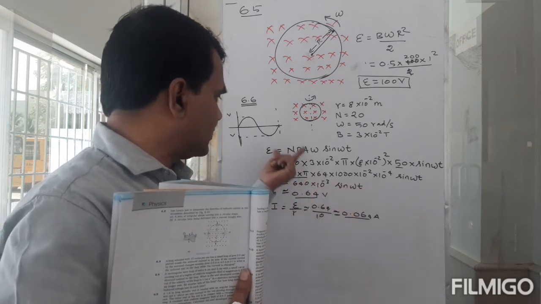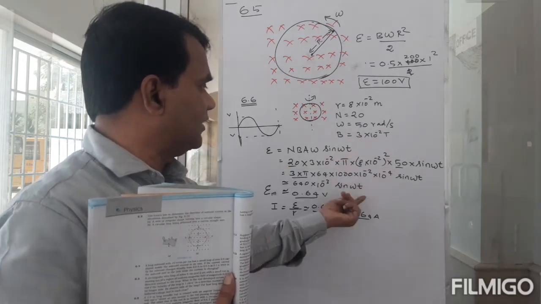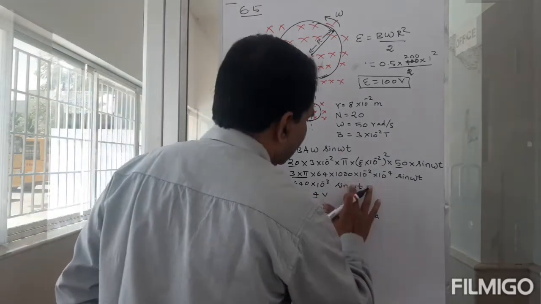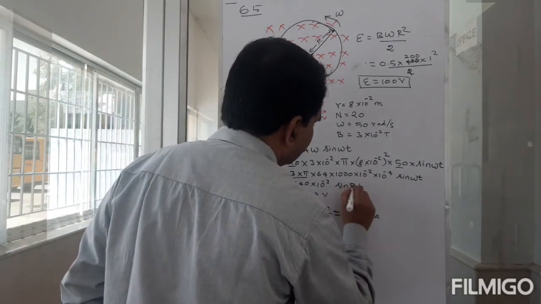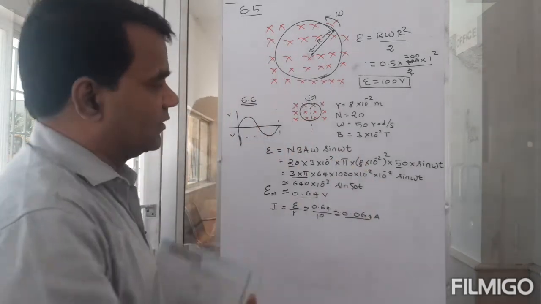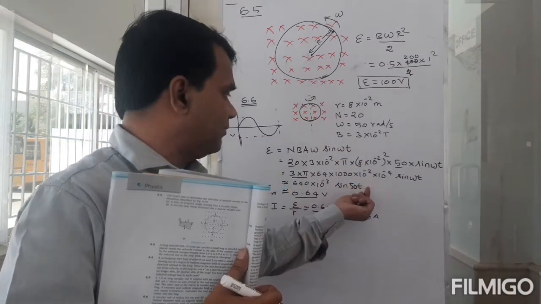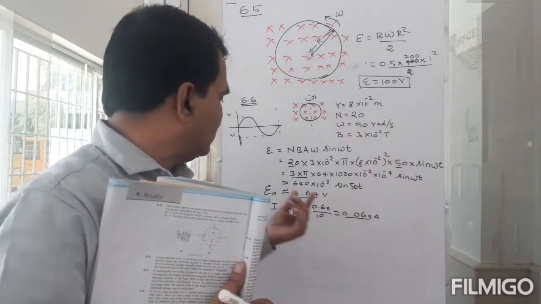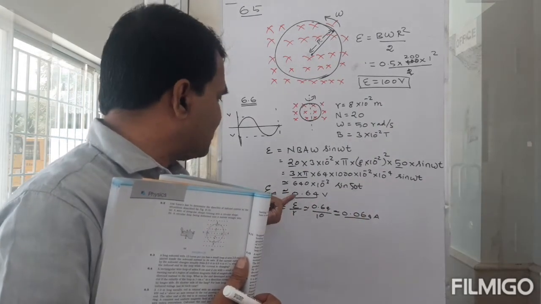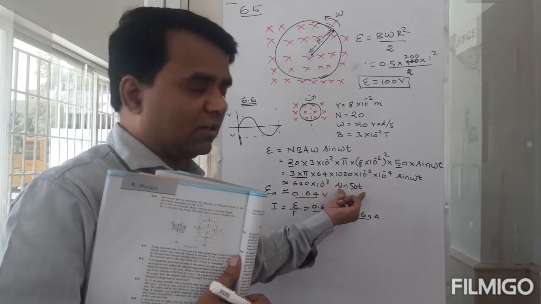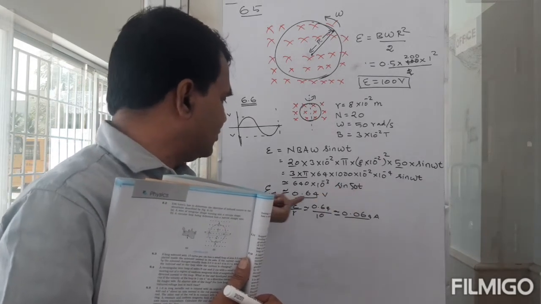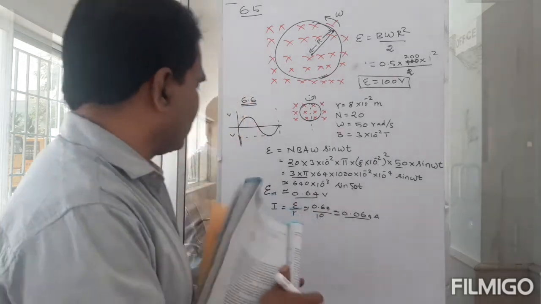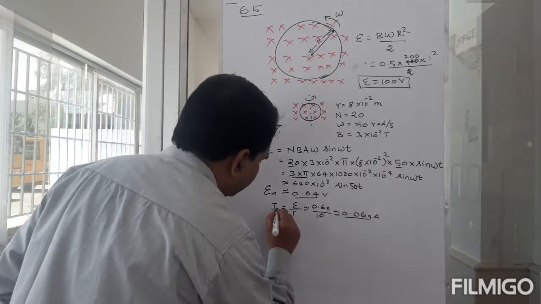Omega is anyway 50, so you get sine 50t. Depending on the time value, you get some EMF induced at every point in time. The maximum is when this is 1, so the maximum EMF induced is 0.64. And this is also the maximum current.